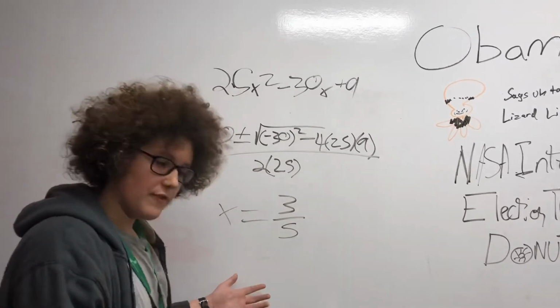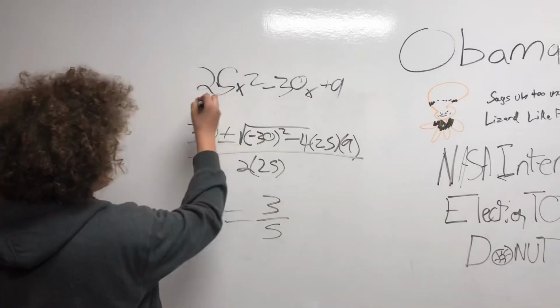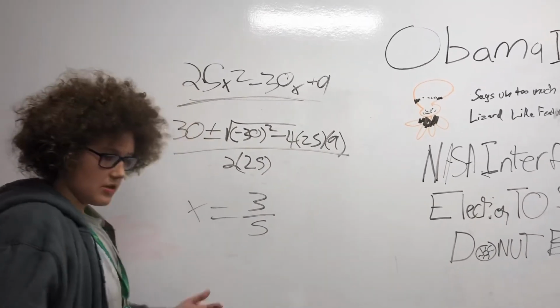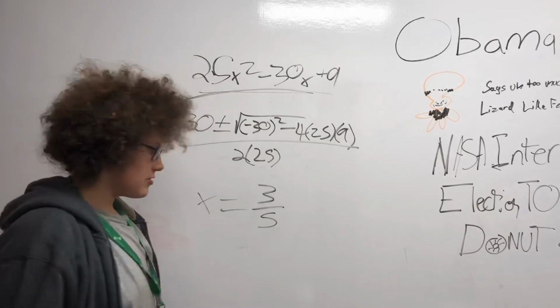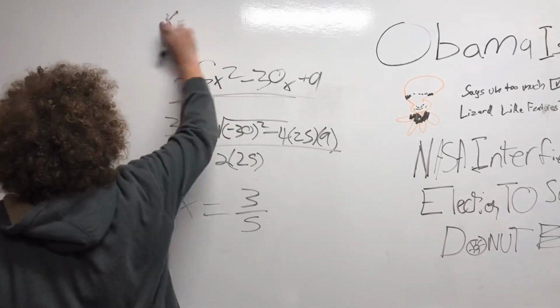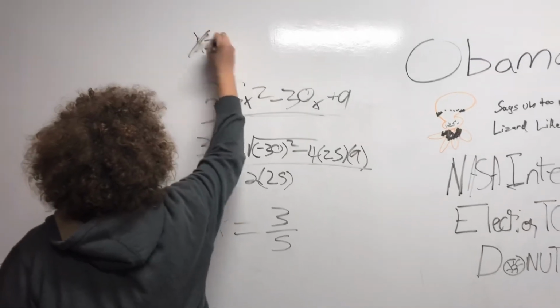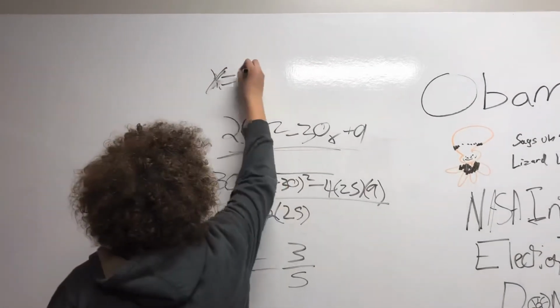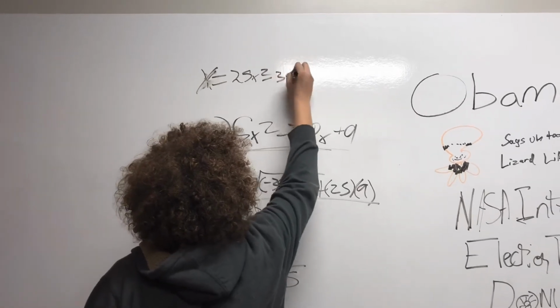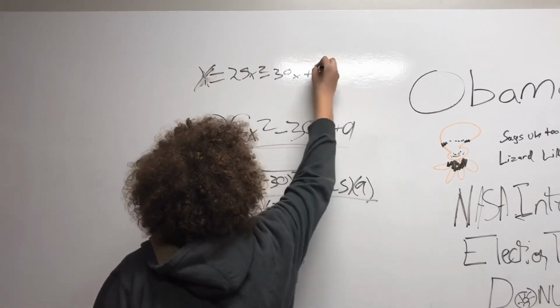But how are you sure it's 3/5? Well, you just take this equation and plug it into y1 in the y equals section. So you just hit y equals on your calculator, and then in y1, you just plug in 25x squared minus 30x plus 9.